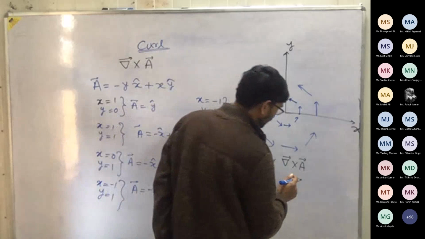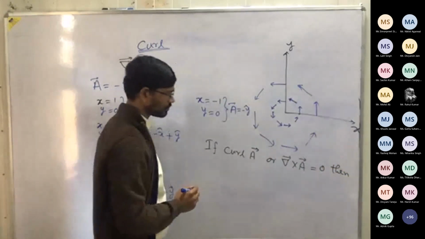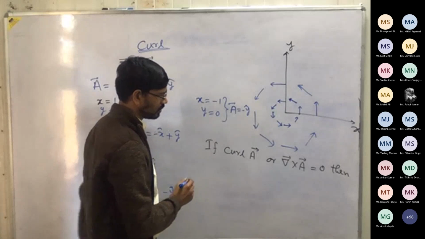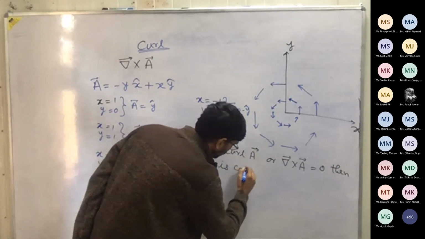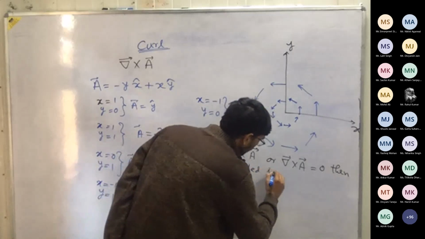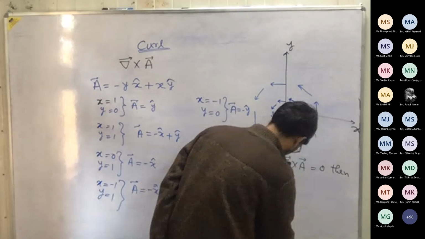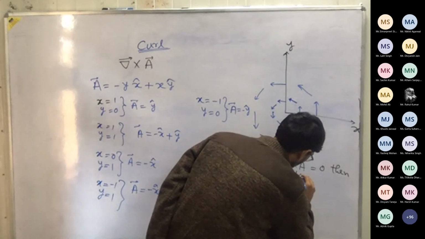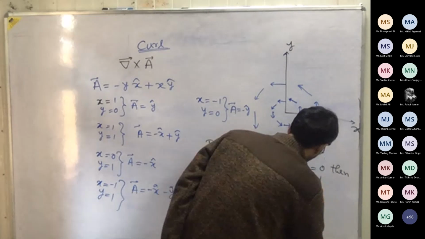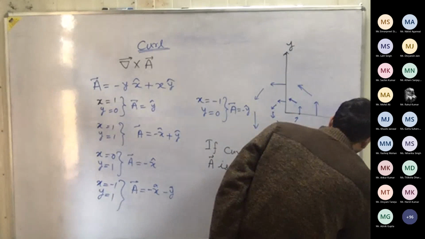If curl A is equal to 0, then this A is called irrotational. Irrotational vector. Okay.